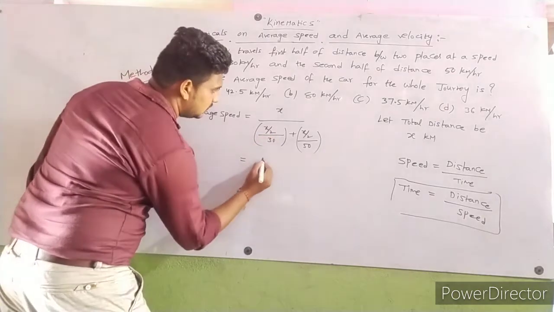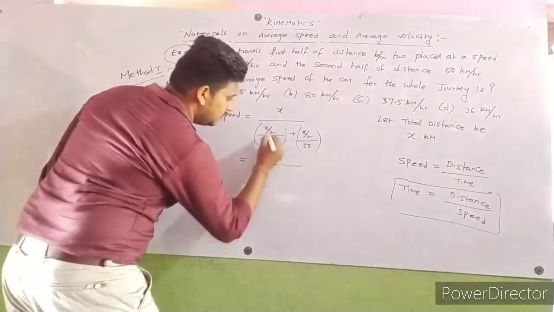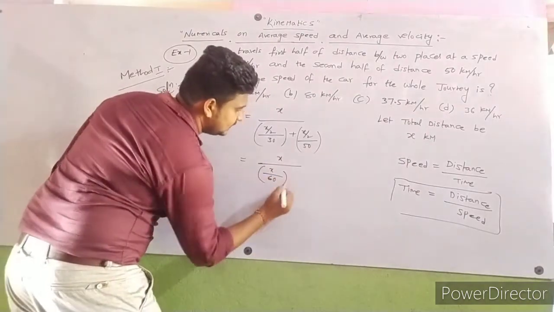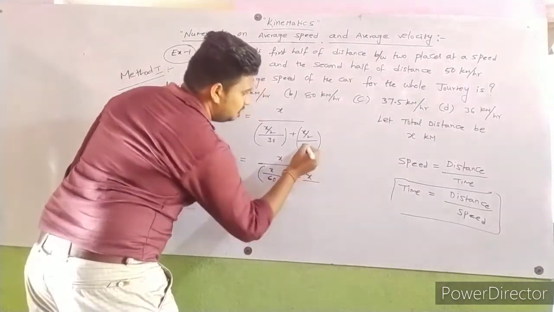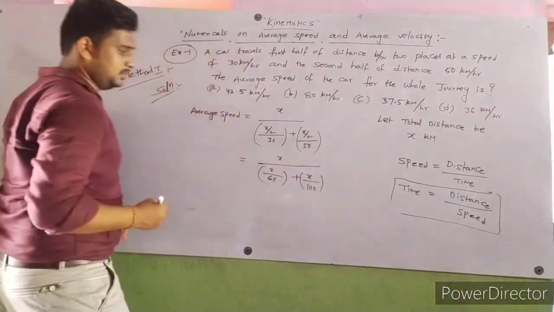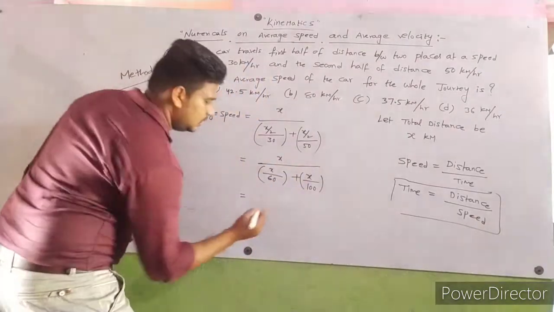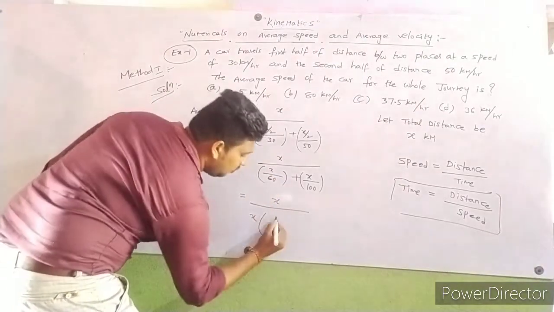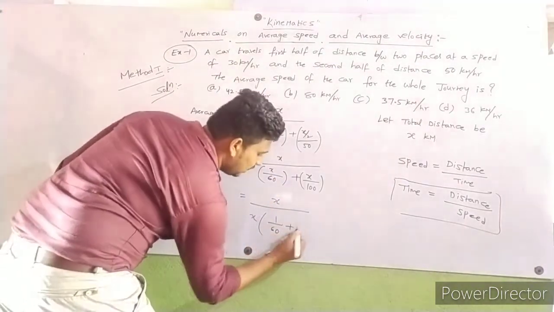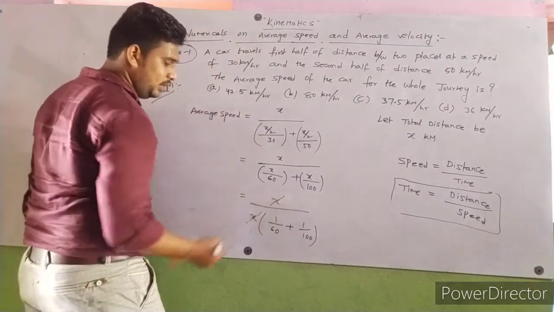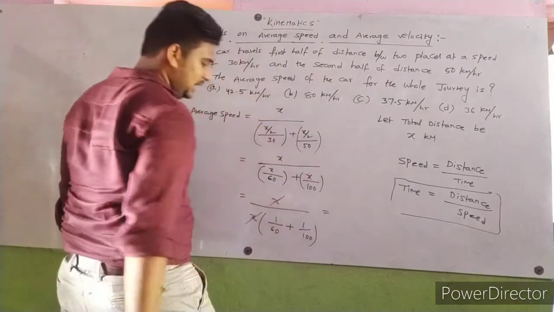So x by 30 into 2 is 60, and x by 50 into 2 is 100. Taking x common, we get 1 by 60 plus 1 by 100. This x is going to be cancelled.